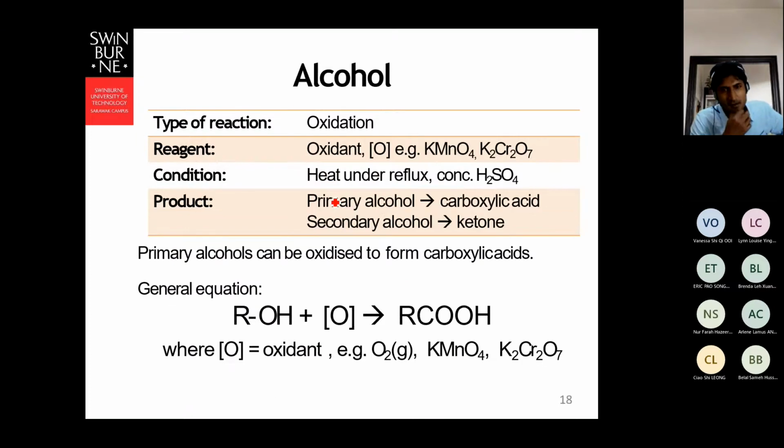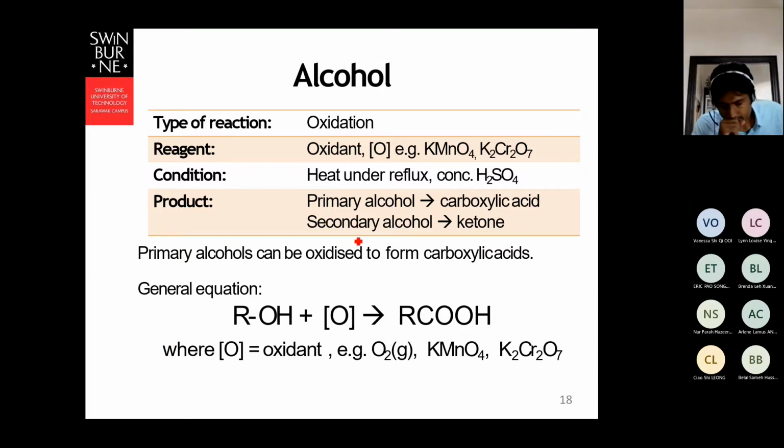Now for the alcohol, the oxidation reaction. We have seen that there are 3 different types of alcohols: first degree, second degree, and third degree, or primary, secondary, and tertiary. First degree is primary alcohol.